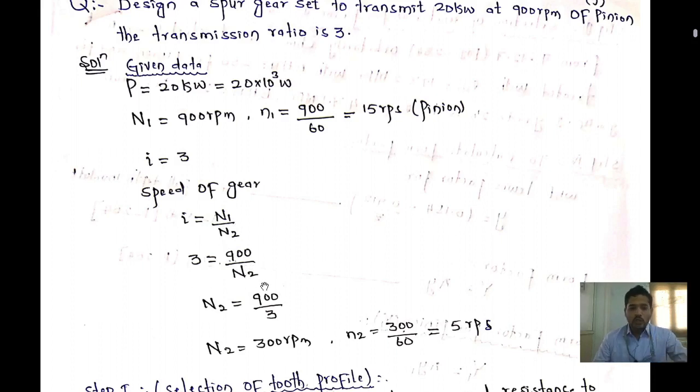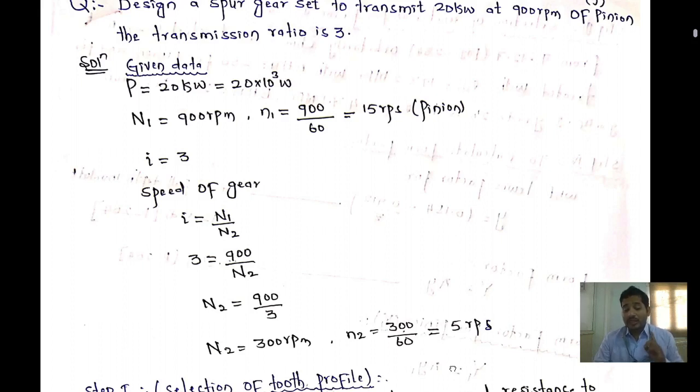After that, cross multiply here: N2 equal to 900 by 3. If you divide 900 by 3, you will get 300 rpm. If you want to convert to rps, again divide by 60. 300 by 60 is equal to 5 rps. Clear? So we got the values of N1 and N2.